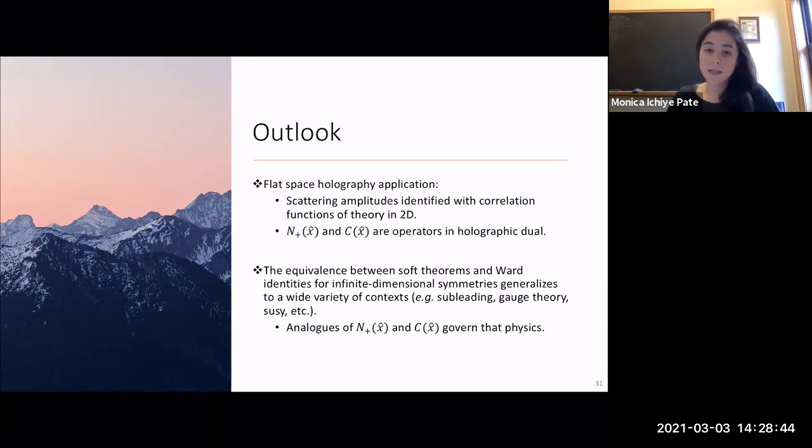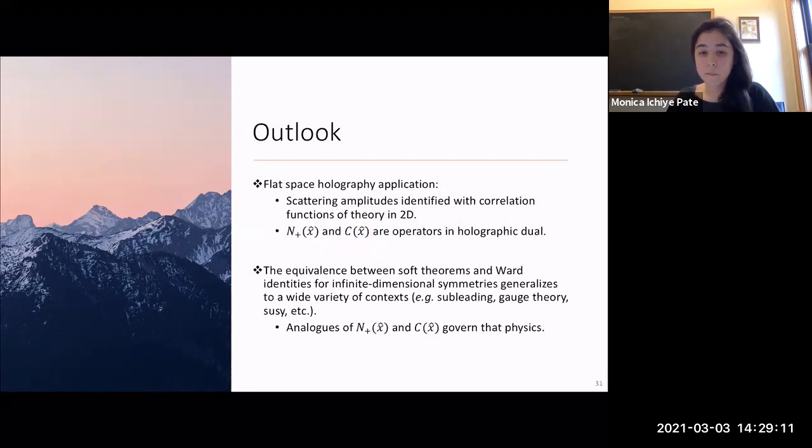And in this case, the global Lorentz symmetry in 4 dimensions translates into a global conformal symmetry in 2 dimensions. And so one might then want to interpret this 2-dimensional theory as a holographic dual of scattering in 4-dimensional spacetimes. And in this case, these operators, the generator of the symmetry and the Goldstone boson, are operators in that holographic dual.